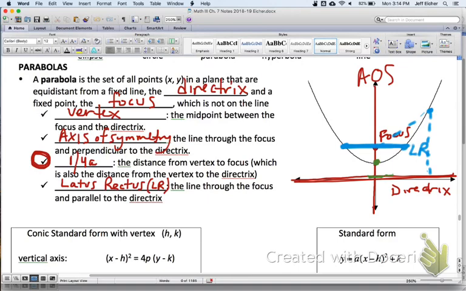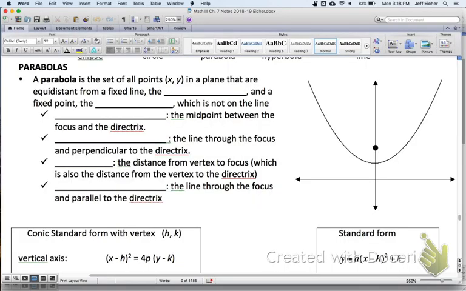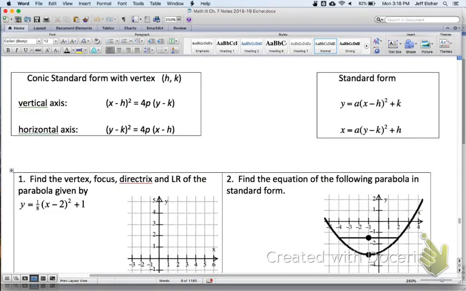We have 2 different standard forms that we use with parabolas. I like the one on the right because you probably recognize that. This one right here, standard form. You'll notice we have 2: a y equals and an x equals. The y equals standard form is for parabolas that open up or down.